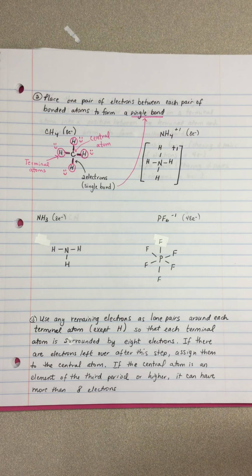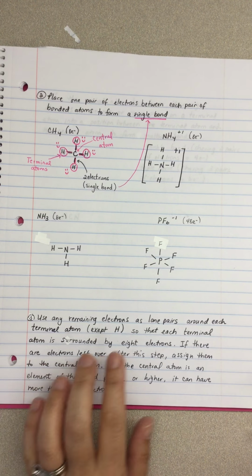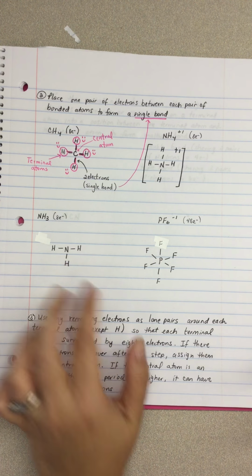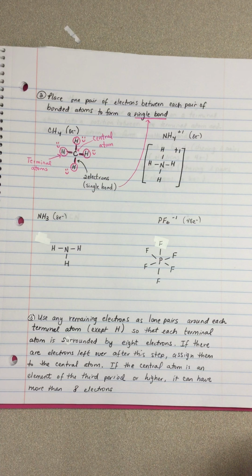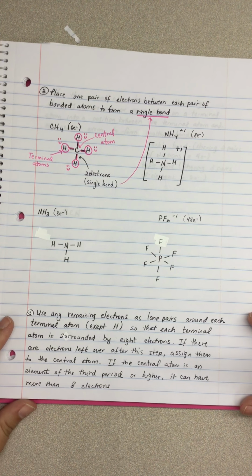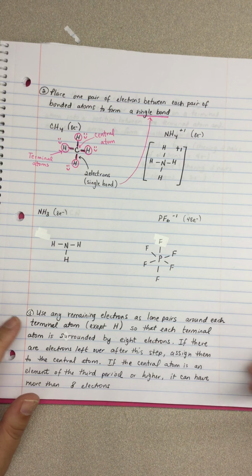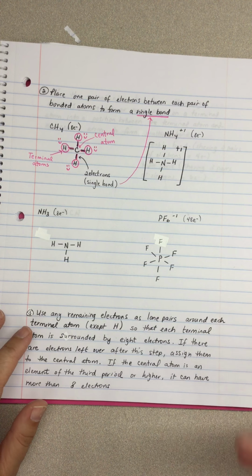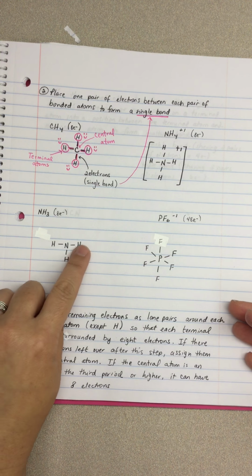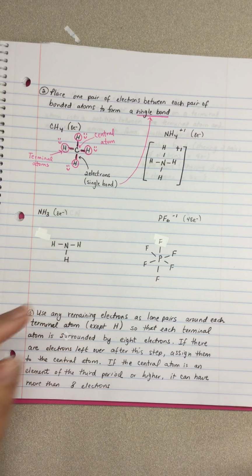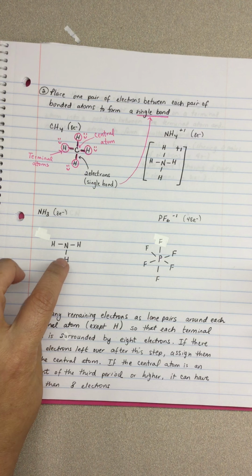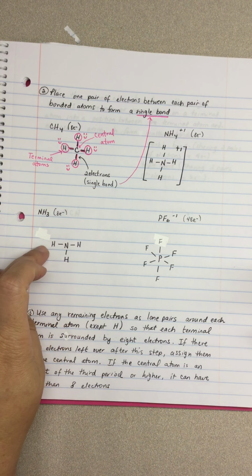For your nitrogen, you need to have 8 electrons around, and right now there are only 6, which means the nitrogen is missing 2 electrons to have a complete octet. Now step number 3 is telling you that if you have electrons that you're not using after forming the bonds between the central atom and all of your atoms, you need to use those electrons to complete the octet in your terminal atoms first.